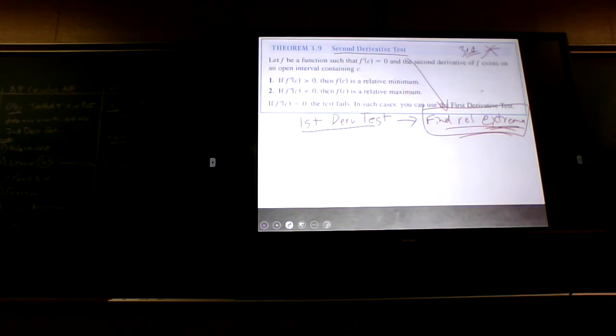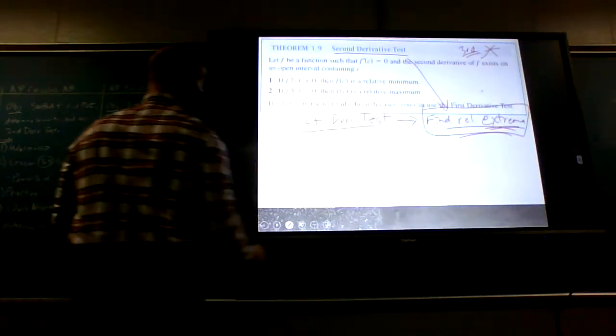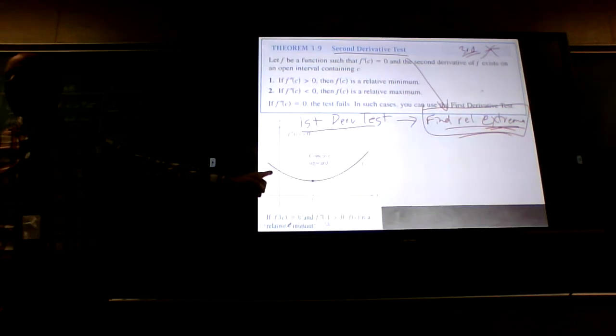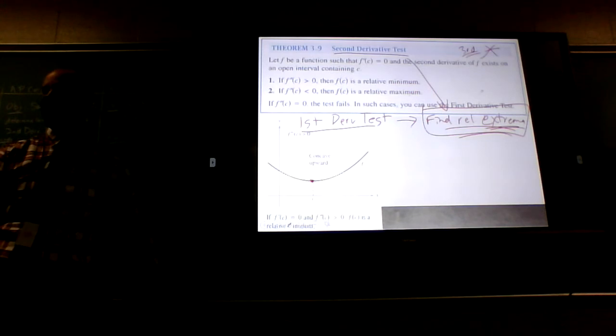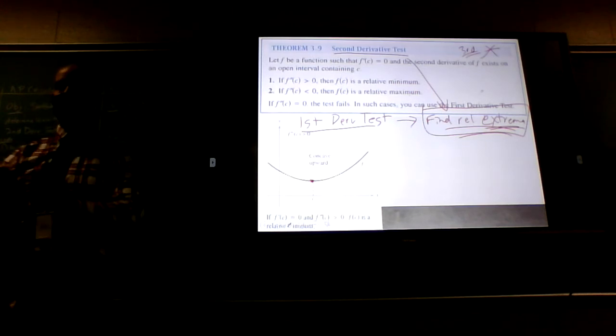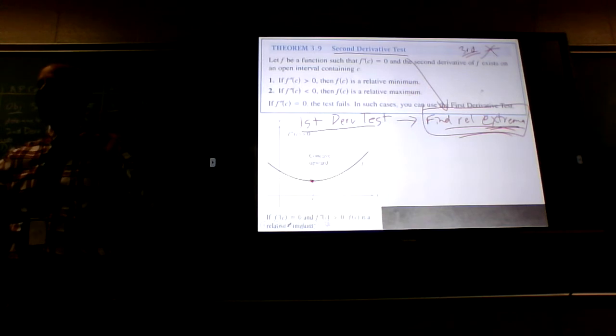Now, guys, this is super easy if you think about it, okay? But it's not intuitive. You see this curve right here? What is this, a relative min or a relative max? That's a relative min, isn't it? It's a valley, right? But what's the concavity there? Concave up. Think about it.